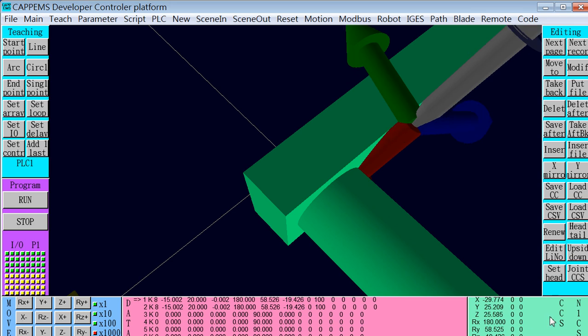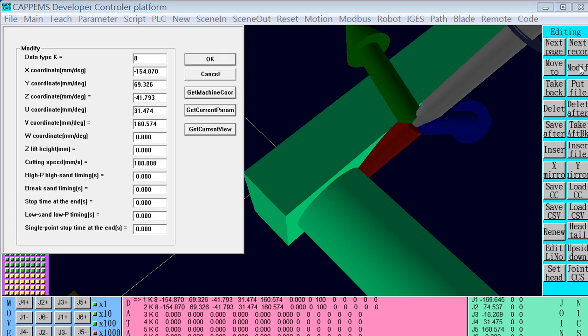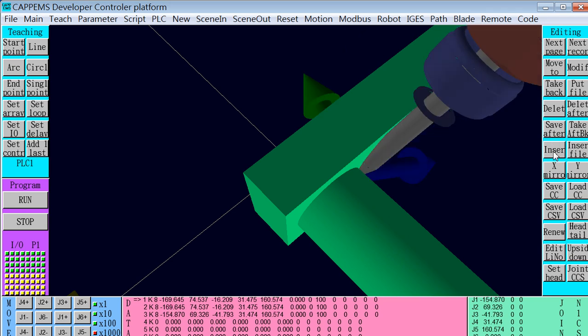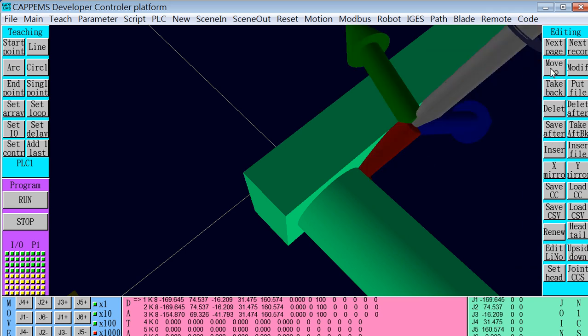Change back to joint mode, modify, get the current position, and then turn the tool back to justify position. The same, insert 1.